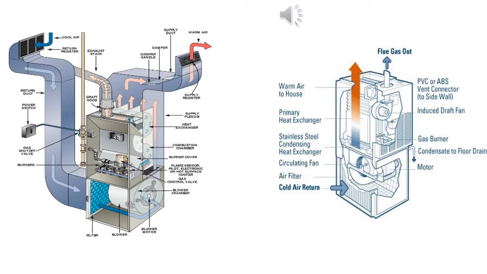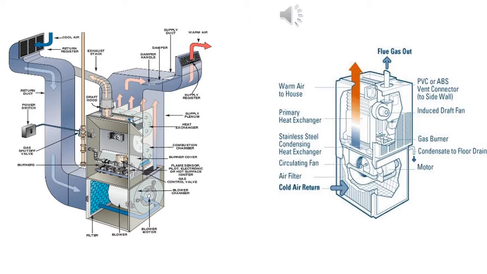All furnaces have a combustion chamber, heat producer, flame sensor, at least one heat exchanger, a blower, a filter, a means of protecting the heat exchanger from too high of a temperature, a way to ensure that cold air is not blown into the conditioned space, and a method to dispose of the combustion gases. On non-condensing warm air furnaces, the picture on the left, there is one heat exchanger.